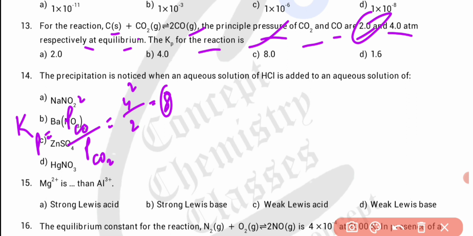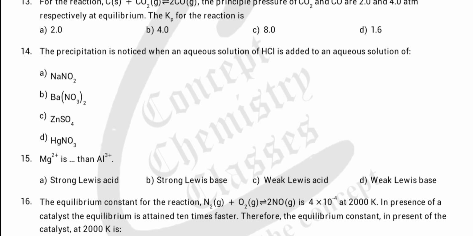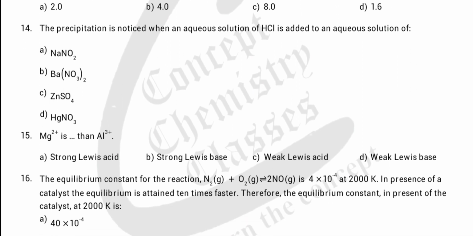Okay, now let us move to the next question, which is 14. The precipitation is noticed when an aqueous solution of HCl is added to an aqueous solution of which salt. When this is added to NaNO3, we will get NaCl, which is soluble in water, so no precipitation will occur.